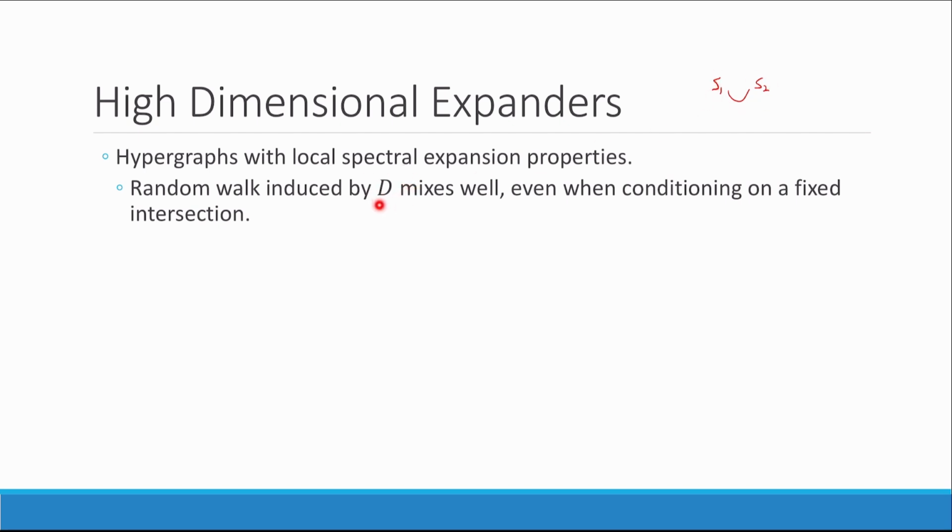And being a high-dimensional expander, very loosely, says that this walk expands or mixes very well, even if you condition on subgraphs where you condition on things being inside the particular intersection.